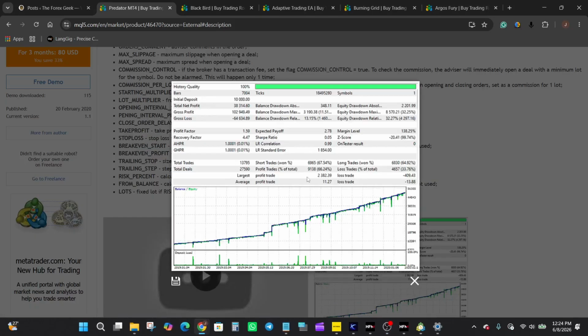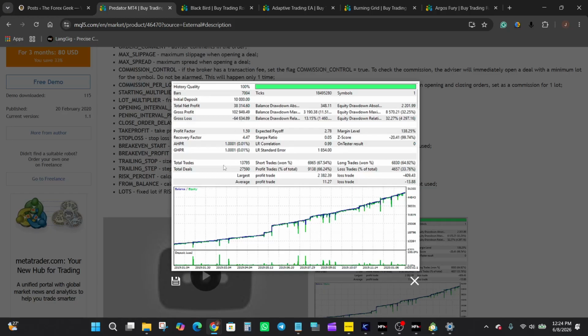So based on the information we have here, the total net profit from initial deposit of $10,000 was 38,314, and as you can see here, the test was run from 2019 to 2020, and the total trades taken were 13,795. The short trades were 6,965 with 67.54% win rate. Long trades were 6,830 with 64.92% win rate.